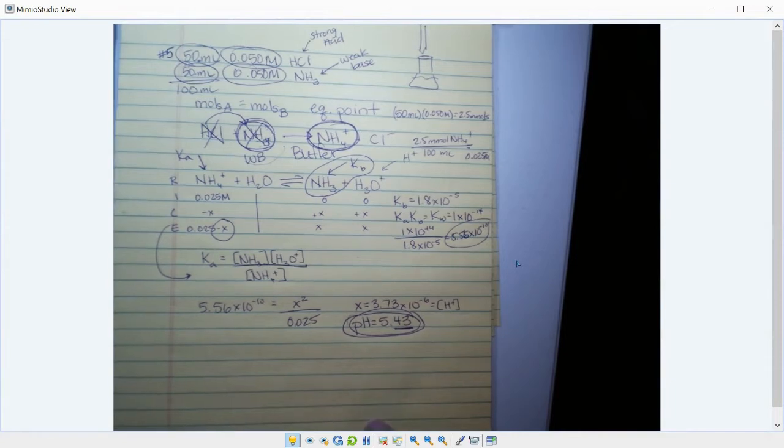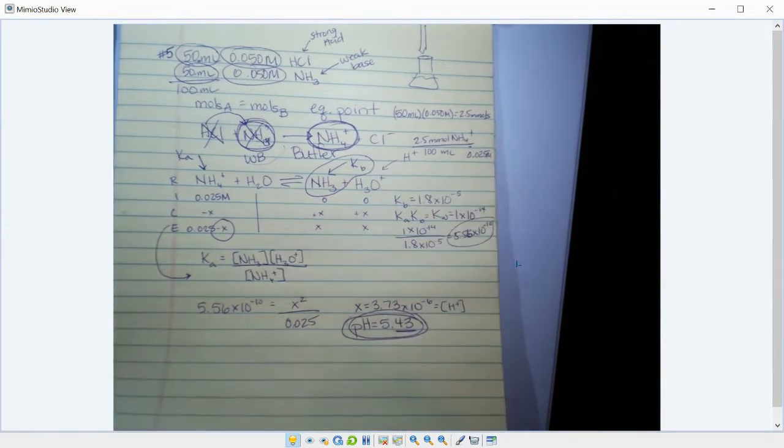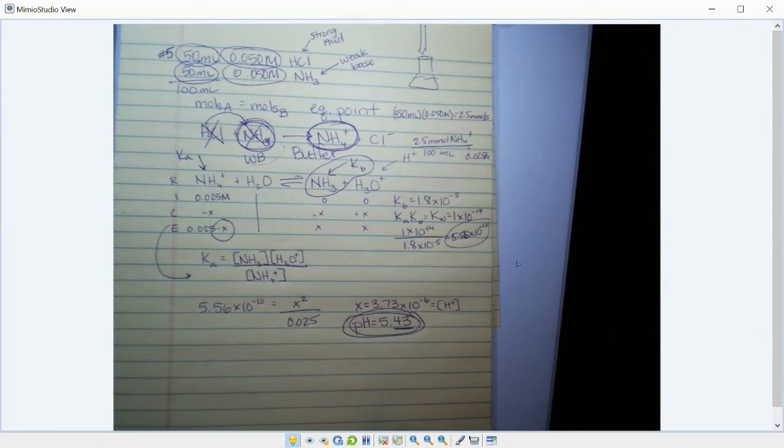The next question that came from Miss Kayla was pertaining to the first free response, the one from 2002B, number 8, the one that had the graph that went along with it.